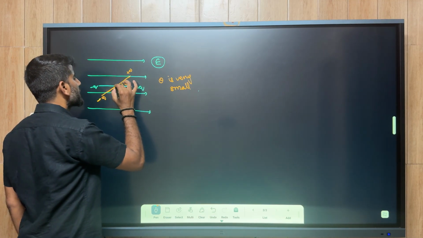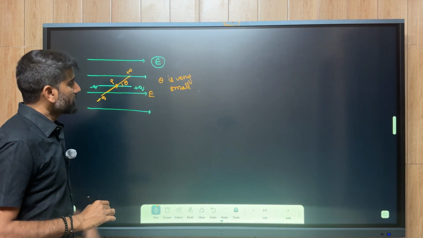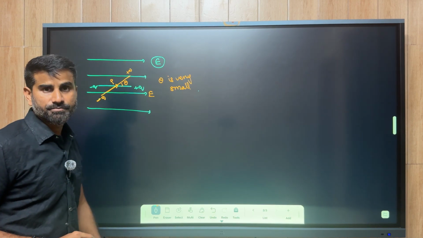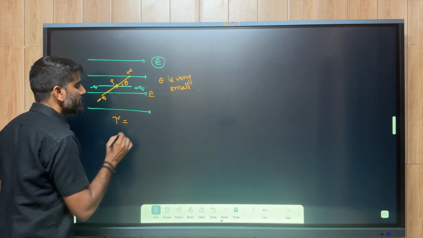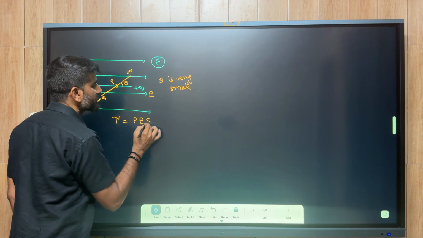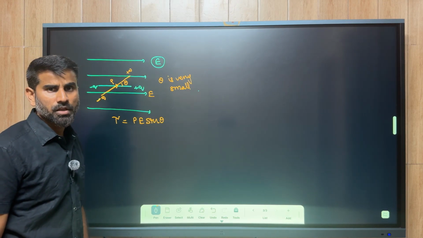Now the dipole moment is in this direction, P, and the electric field is in this direction, E. The angle between P and E is theta. The torque due to the electric field is P E sin theta.